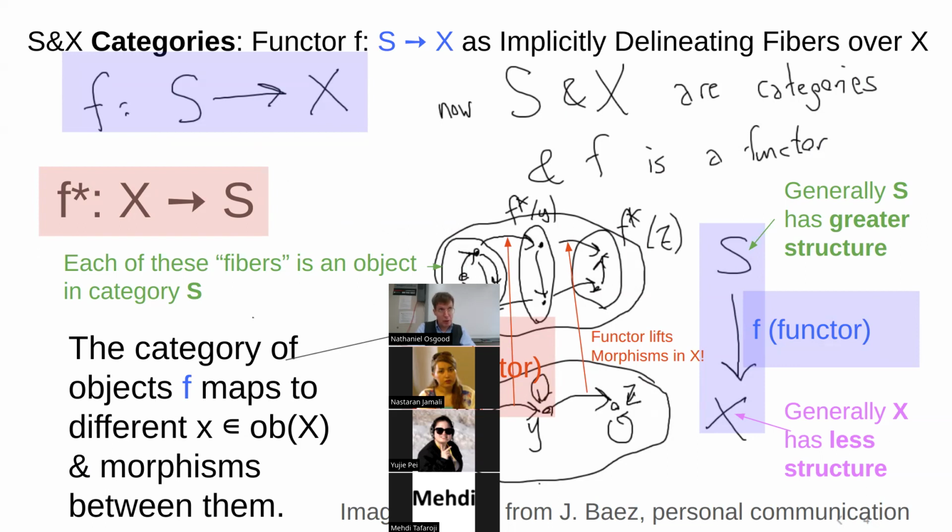There are no morphisms here. Like, maybe this is a set of vertices, this is a set of edges and vertices. We have morphisms here from edges to vertex, like the source. And maybe this is the set of edges. This is the set of vertices.